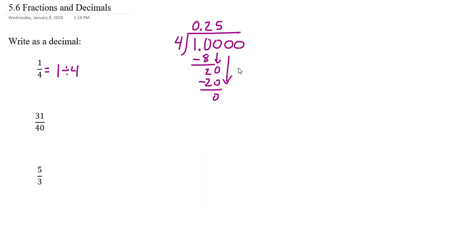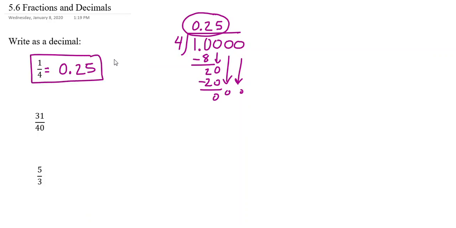And now we don't need the rest of the zeros because we'll never have a number bigger than 0 to divide 4 into. So 0.25 is the answer, and that is equivalent to 1/4. So 1/4 is equivalent to 0.25 in decimals.